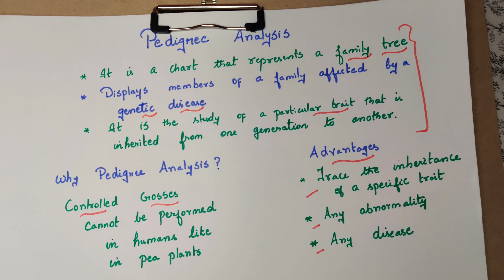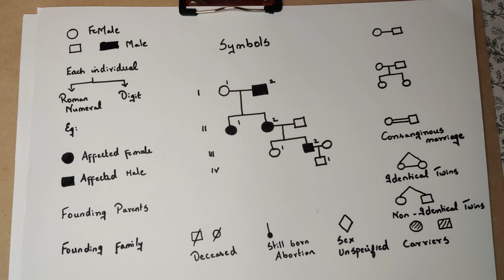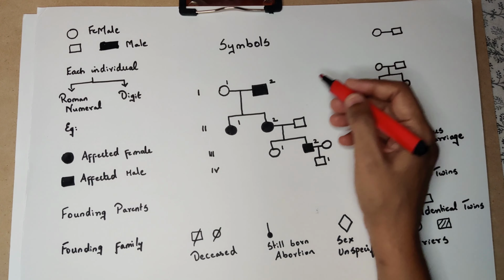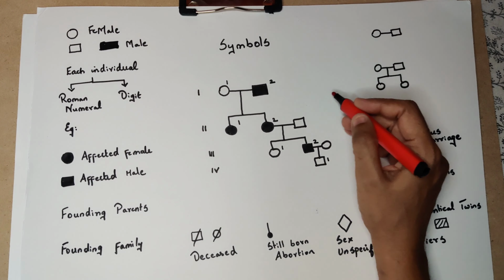Let's get into the details now. This is how a pedigree chart will look. Can you see here? These are represented as generations: Generation 1, Generation 2, Generation 3 and Generation 4.